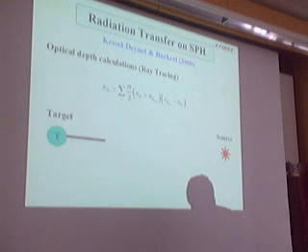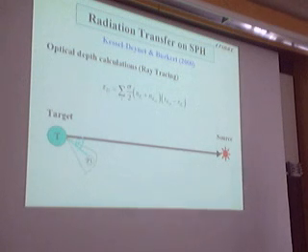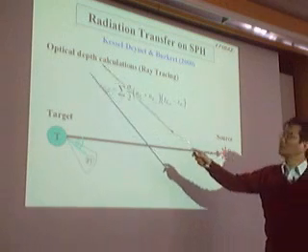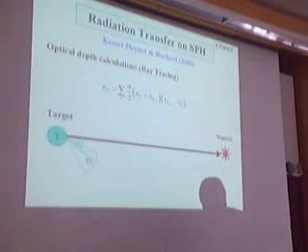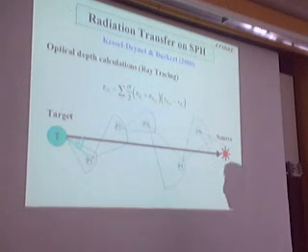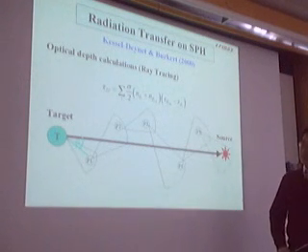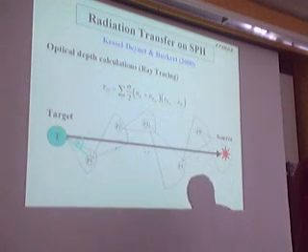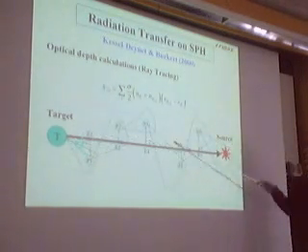This is the kind of concept to solve the radiative transfer based on SPH. We just calculate the optical depth from the target to source. First we find the nearest SPH particles along the line of sight, and then the physical quantities are projected onto this line of sight.